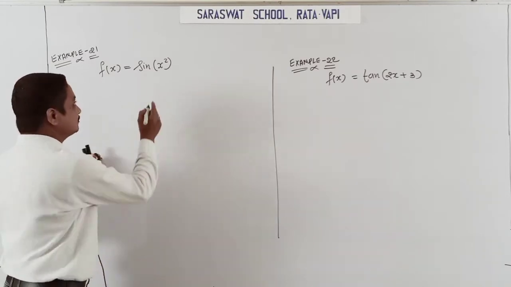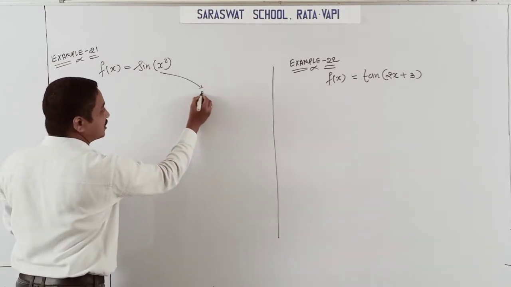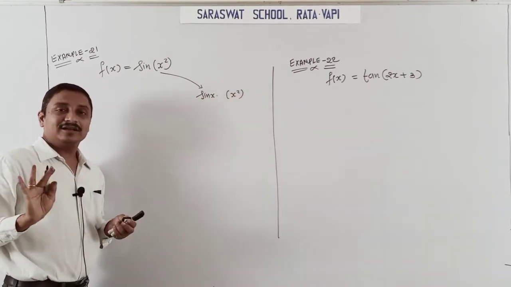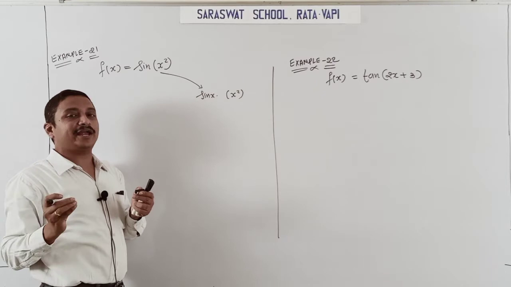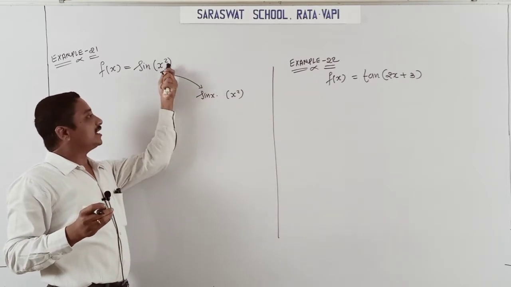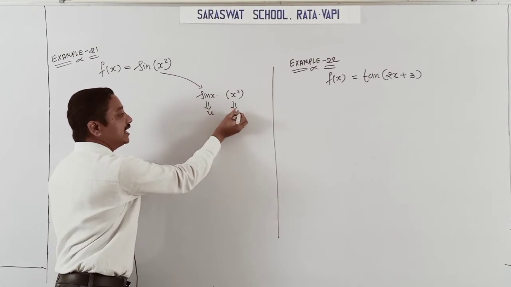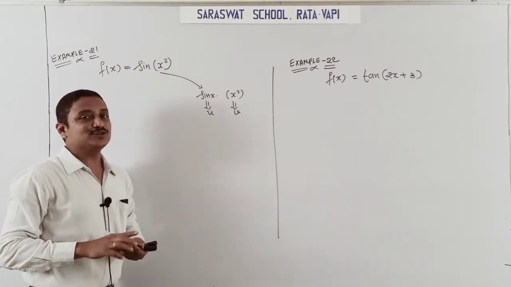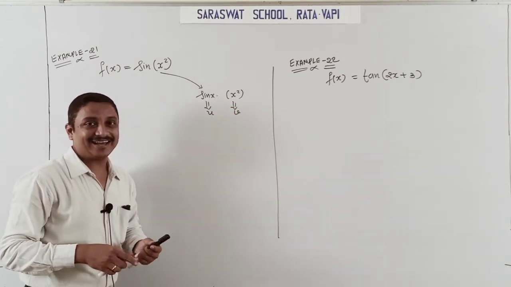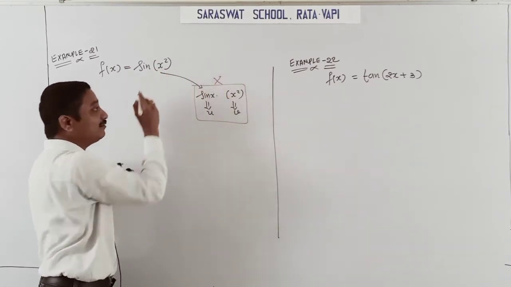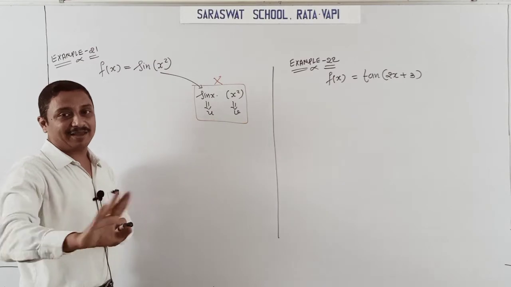Before starting this sum, students, maybe this question is given, maybe not given here, but if you just think in your mind, sin x separate and x square separate, definitely you utilize u and v. And which rule to apply? Yes, product rule.